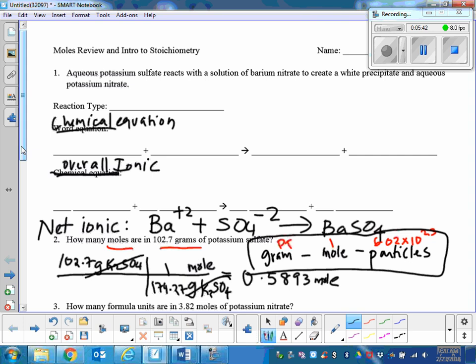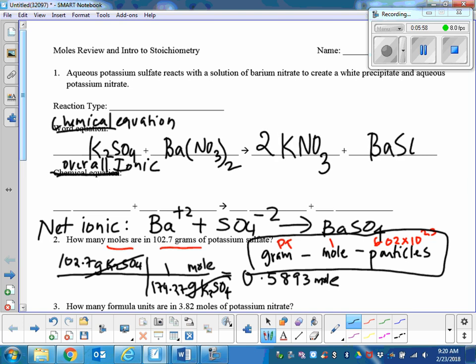If you look at your balanced equation, it's K2SO4 plus Ba(NO3)2, giving 2KNO3 plus BaSO4. Is that right? What are my coefficients? 1, 1, 2, and 1. The coefficients are my mole ratios.